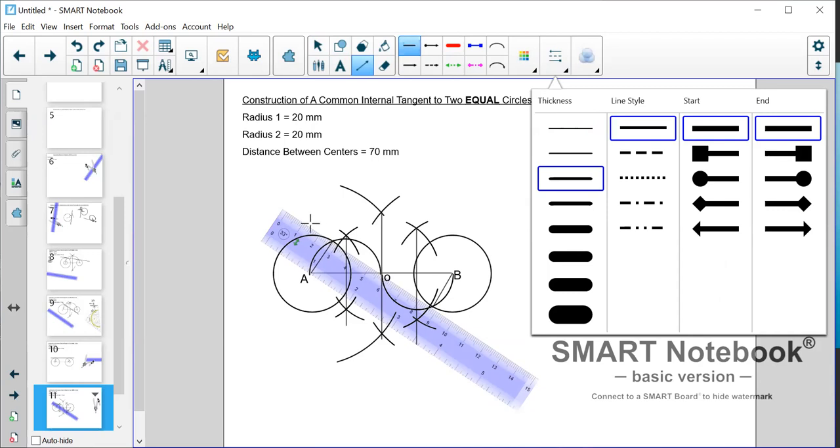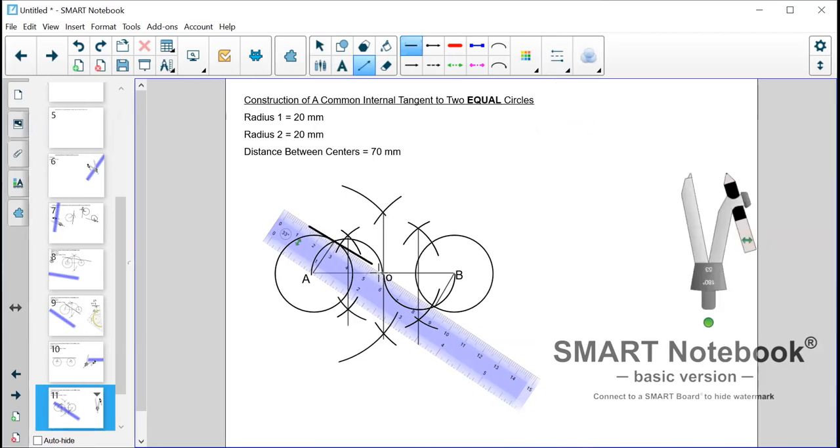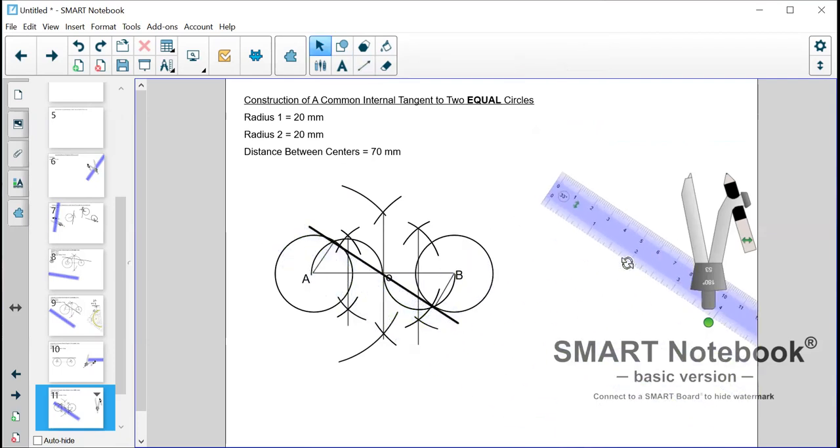We draw the tangent to touch those two points, and that now gives us our internal tangent to two equal circles. That completes the construction.